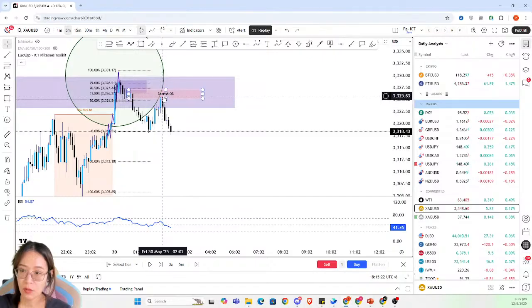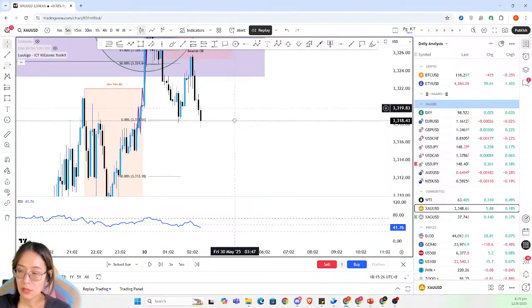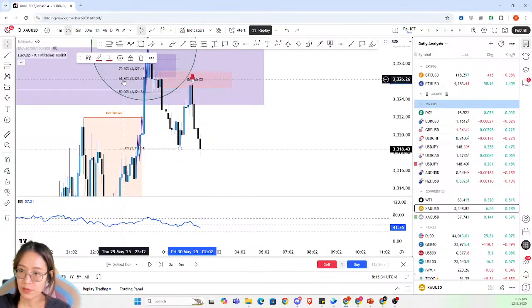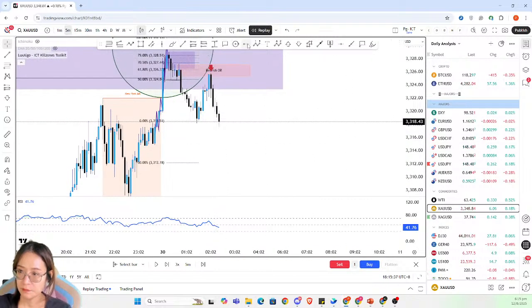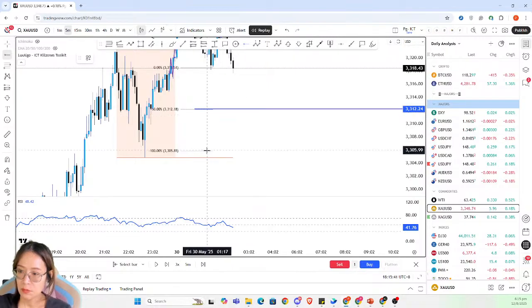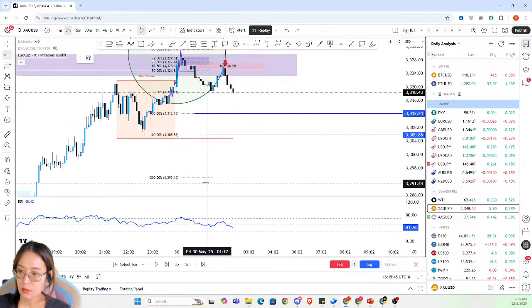Price go to our bearish OB. Correct, that's bullish OB. So your sell is here, and we have 61.8% within our optimal trade entry, right? And your TP1 here, TP2, TP3 is right there.